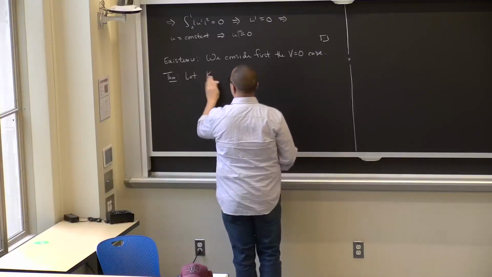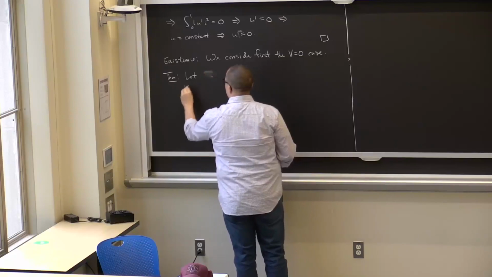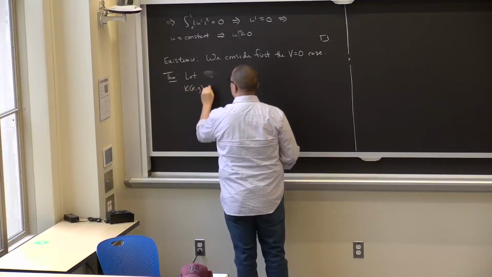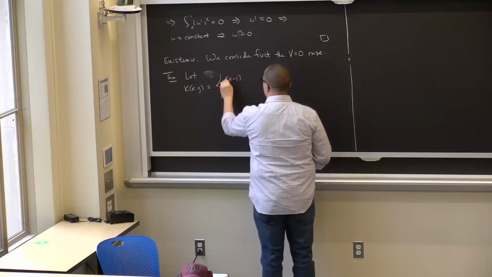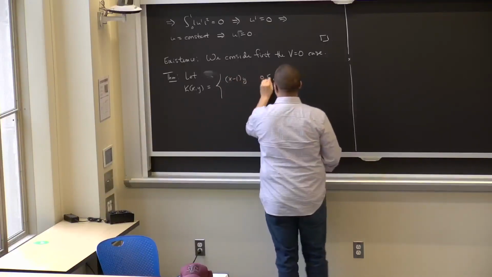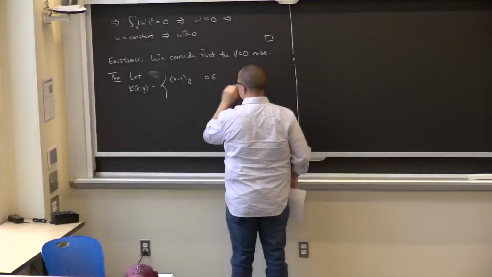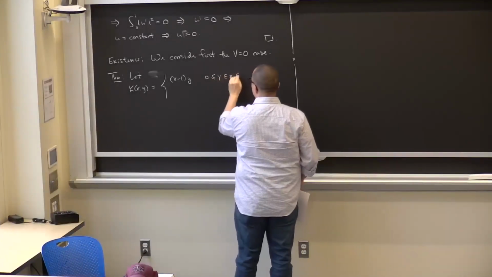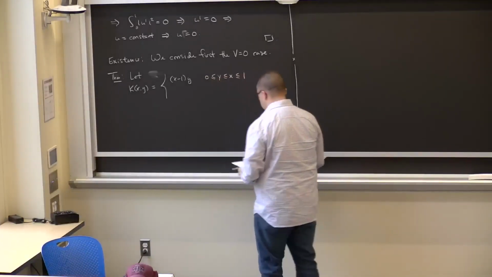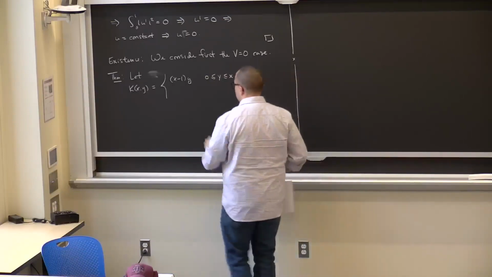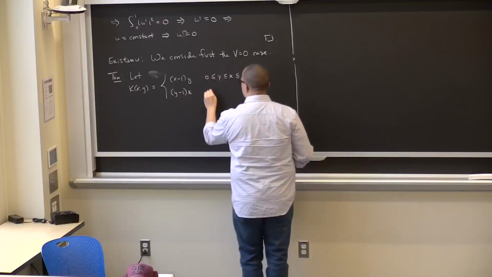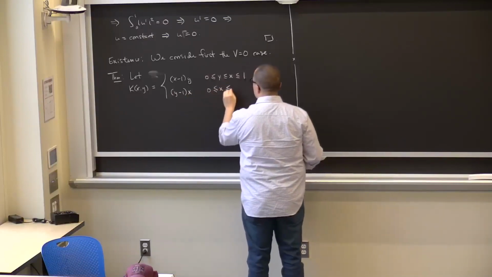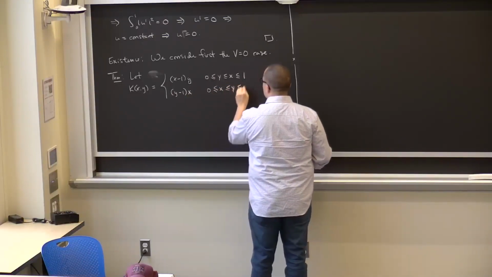So let k of x, y be the function given by x minus 1 times y if y is less than or equal to x is less than or equal to 1, and the symmetric expression otherwise.